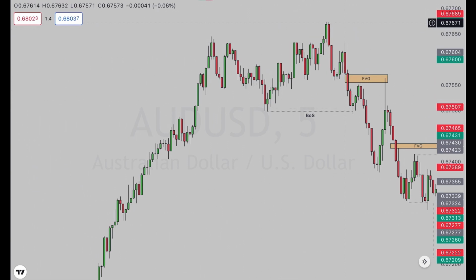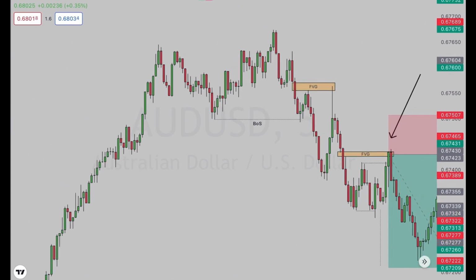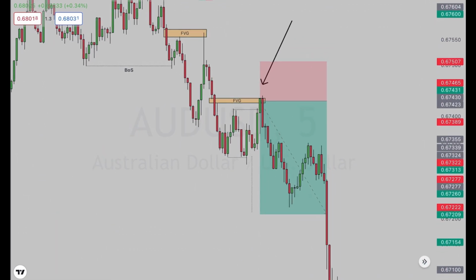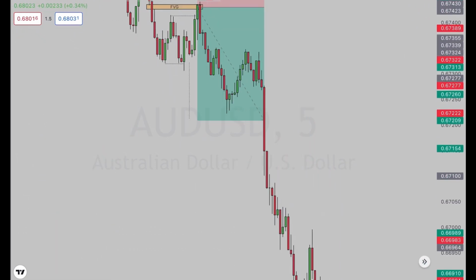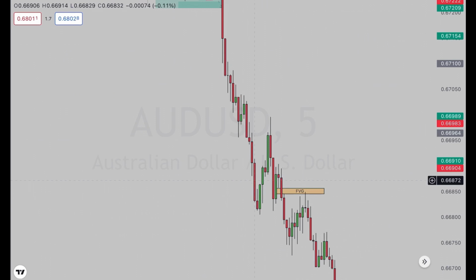Alright? So boom. Liquidity grab, fair value gap, equal highs, that is your take profit entry here. That's it. So you do not take a trade over the first fair value gap, you take the trade over the second fair value gap, which is here.